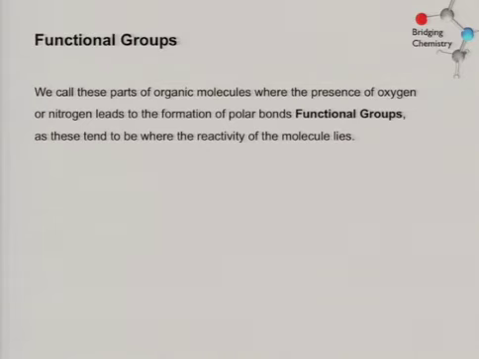Okay? So if the organic molecule is able to function or react in a particular way, it's due to the functional group that's present in the molecule. Right? So the functional group is not this carbon-hydrogen skeleton framework thing. It's the interesting bits dangling off the framework.